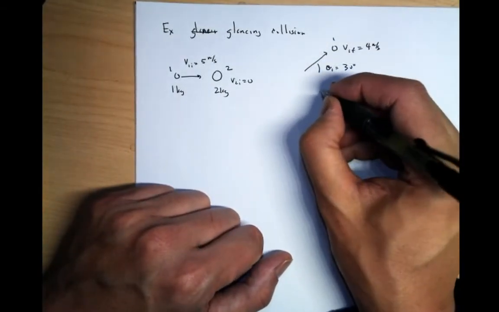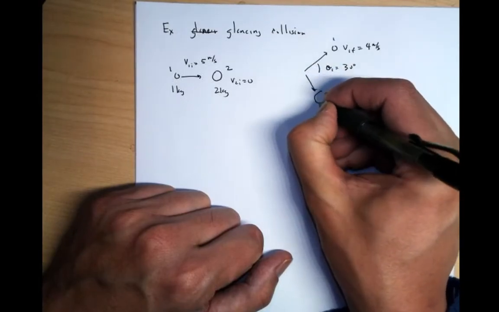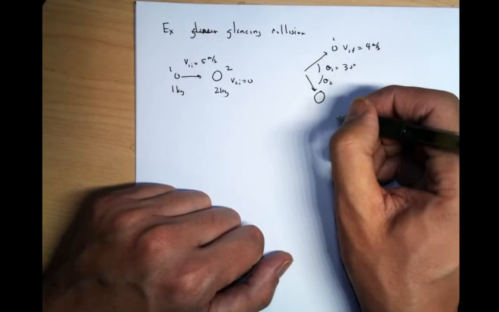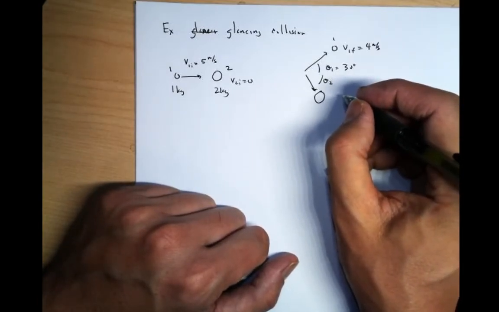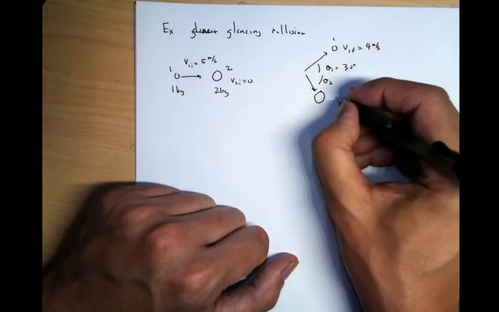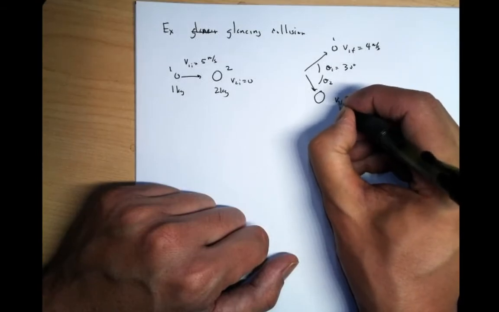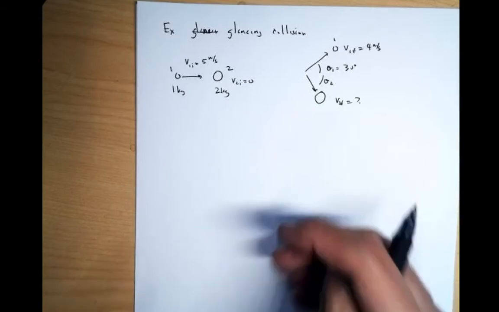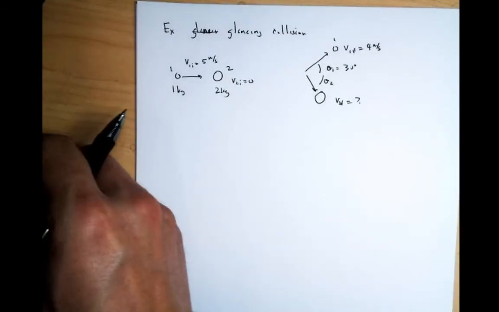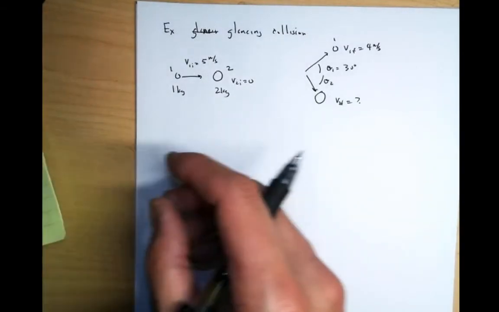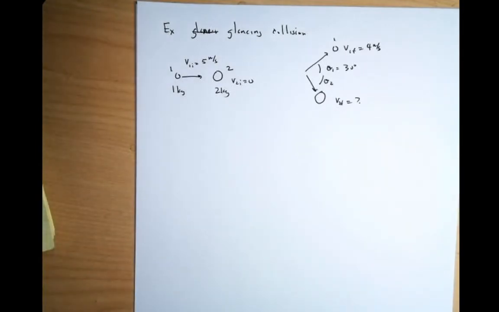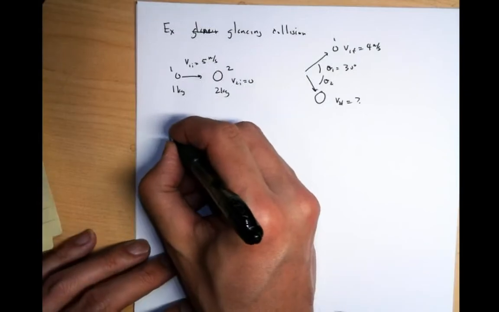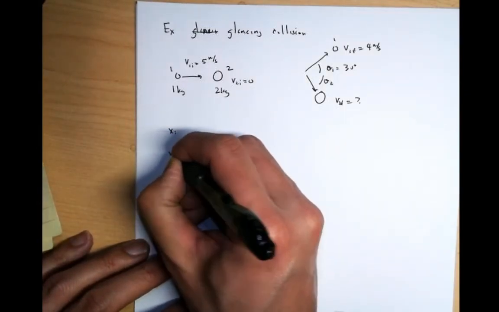And then this other one moves off in some direction here, theta 2, and this is v2f is equal to some, I do not know, right? So you have to do basically both of them separately at some level. Okay, so let's go ahead and do this. Let's do the x component and the y component.